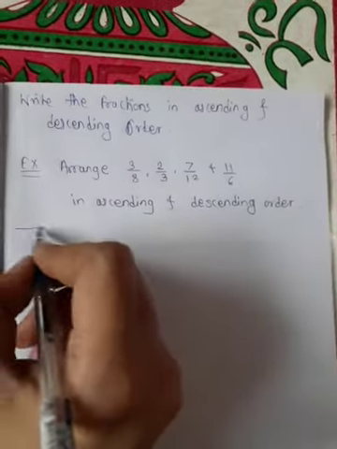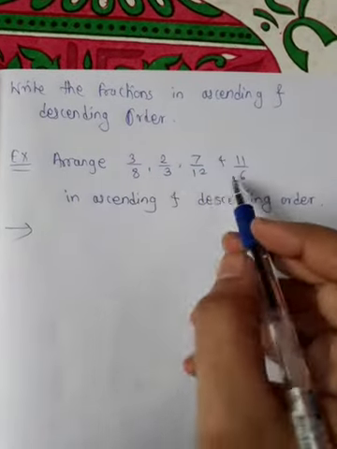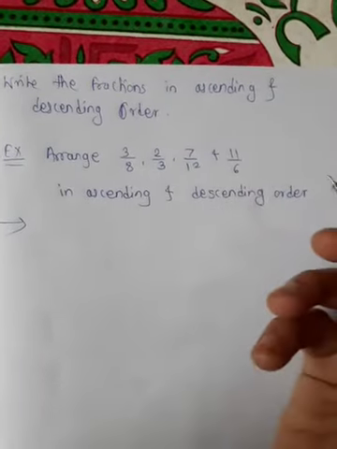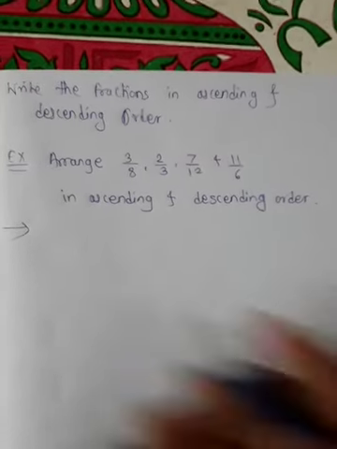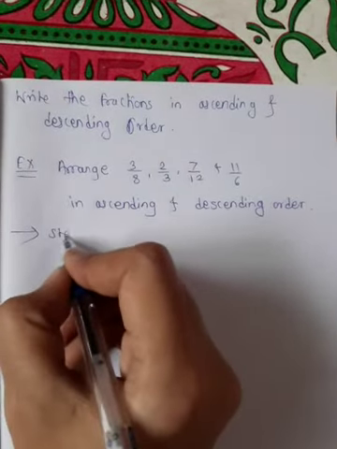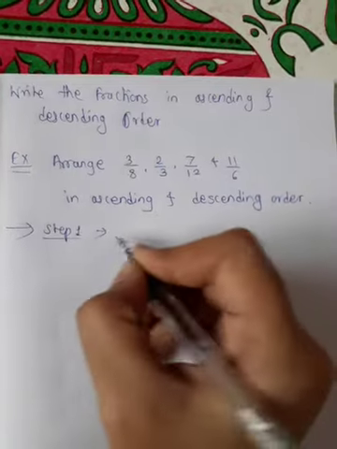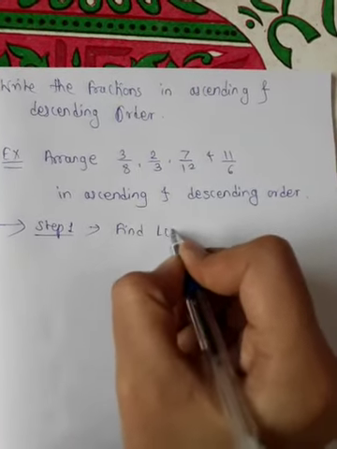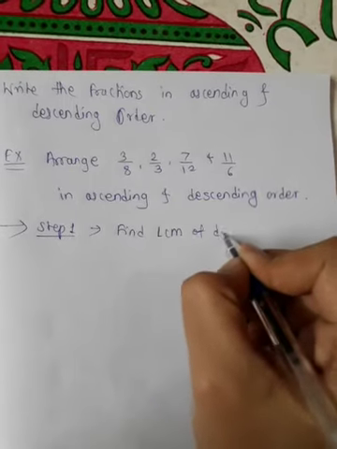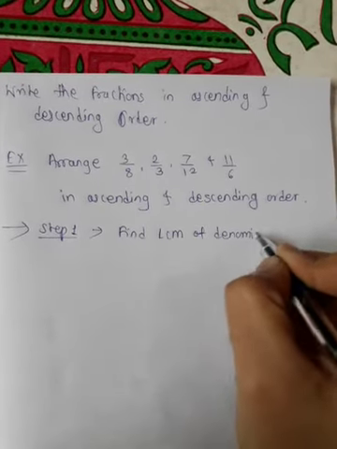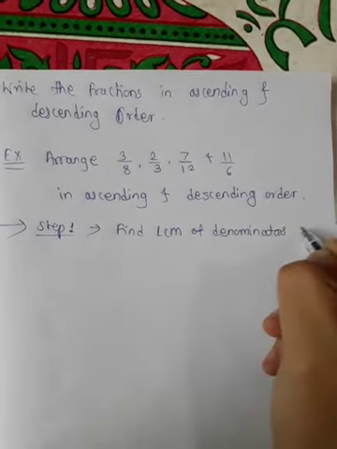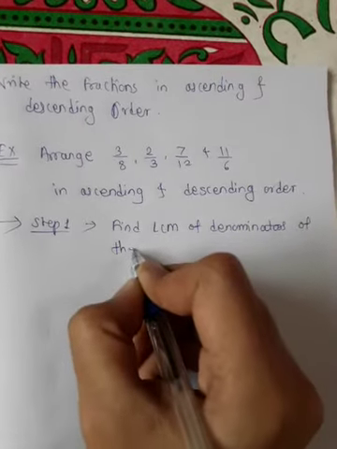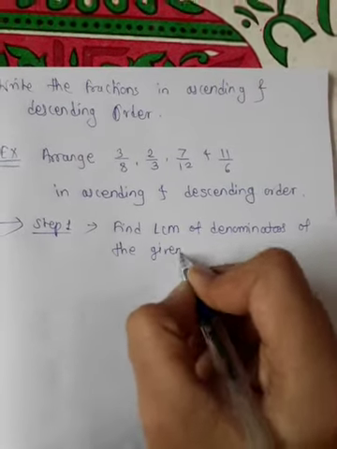What is the step whenever we have to arrange the given fractions in ascending or descending order? Step 1 is to find the LCM of the denominators of the given fractions.